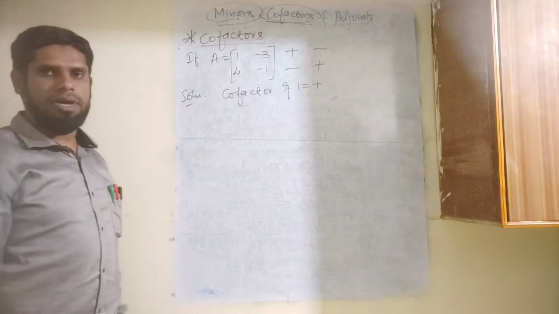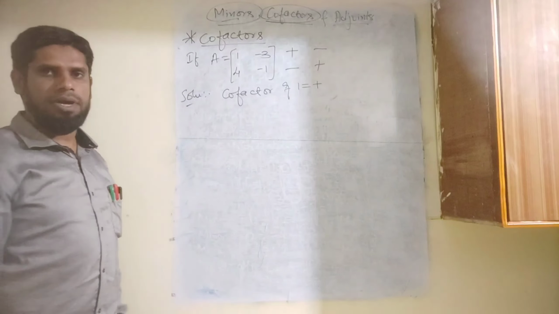Next, cofactor of -3: its hidden sign is minus. Eliminate the row and the column related to this -3. The left out number is 4 here. So minus into 4, it's -4.